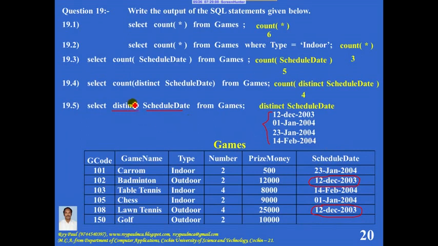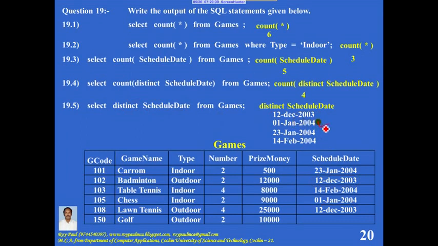And moreover, when you write distinct followed by column name, the values must be written in ascending order. It's a rule. So 2003 comes, that is followed by 2004.